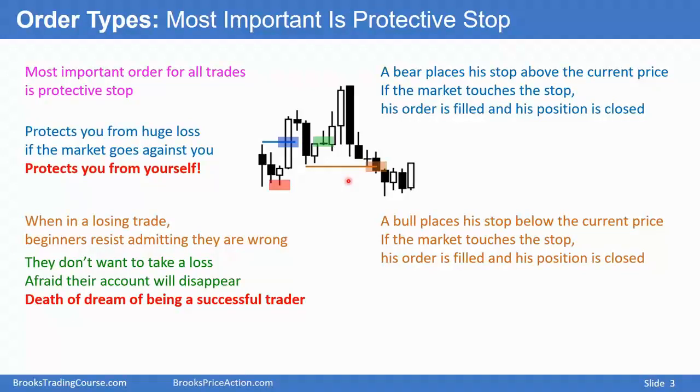If there are not enough orders on the opposite side, the market has to go lower, and that means traders who are trying to get out with a stop right here might get filled at a worse price. If the market is a heavily traded market, usually the worst price will not be much different from the intended price where you placed your order. Slippage can be very big if you're trading a thinly traded market.